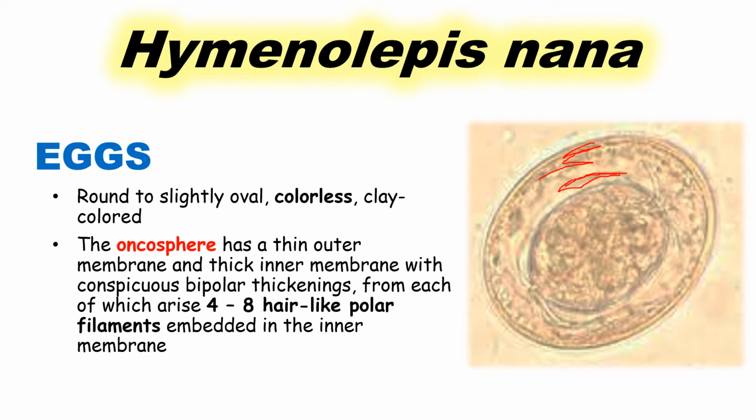And it has bipolar filaments with 4 to 8 hair-like projections here. So the space between the two membranes, ang space sa tunga, is filled with yolk granules. That's why kung matan-aw mo siya, granular ang iyang appearance.